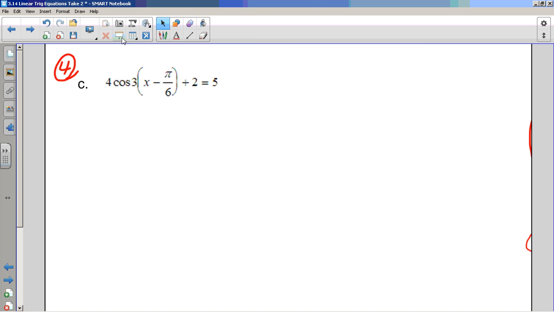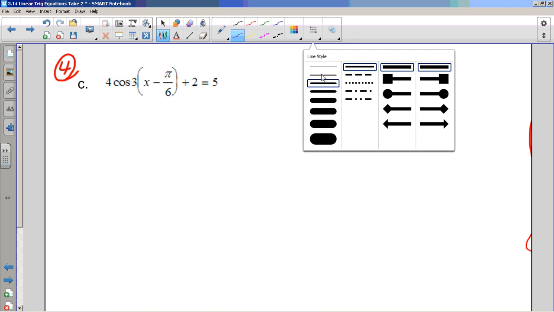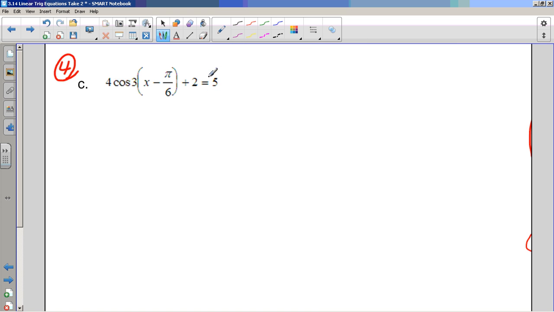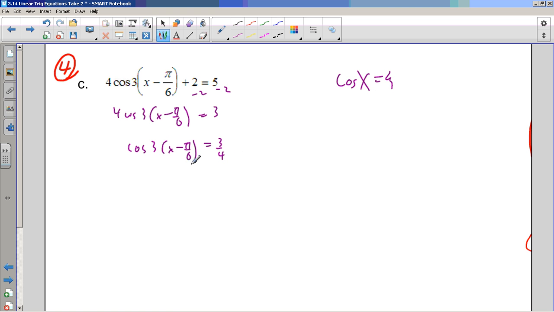So we are going to do the same thing. We're going to move this around before we even get into the diagram calculator thing. So what do I mean? Subtract 2 from both sides. Equals 3, divide by 4. And it's pretty close to cos blah equals blah, but this looks weird.